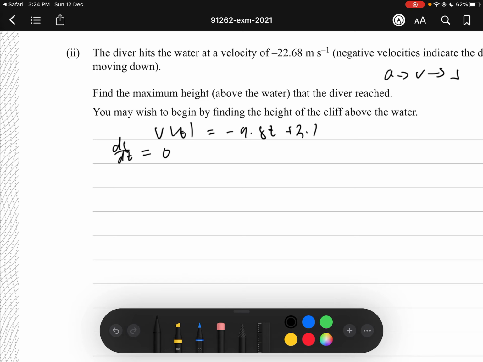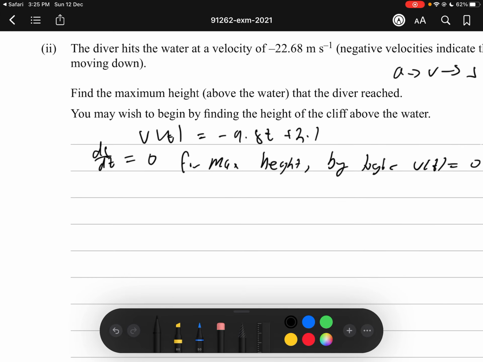So we can say ds over dt equals 0 for maximum height, and therefore, by logic, this is when v of t equals 0. So we can substitute 0 into our equation: 0 equals negative 9.8t plus 2.8. Therefore, 9.8t is equal to 2.8.